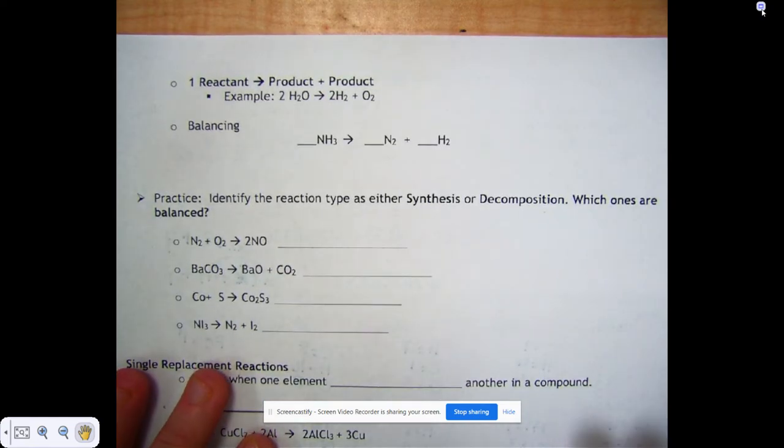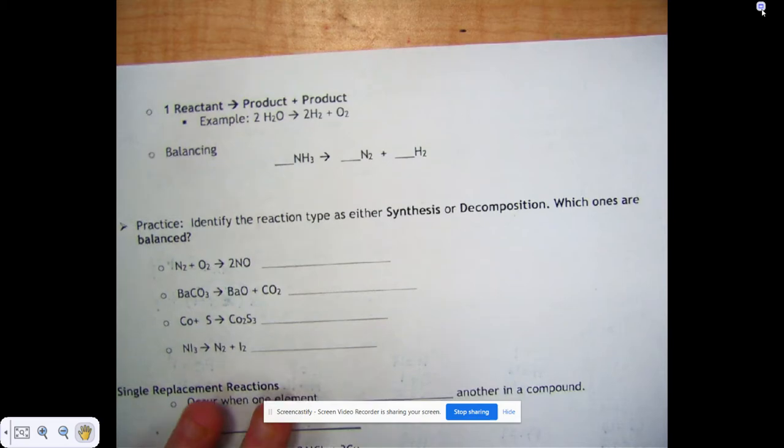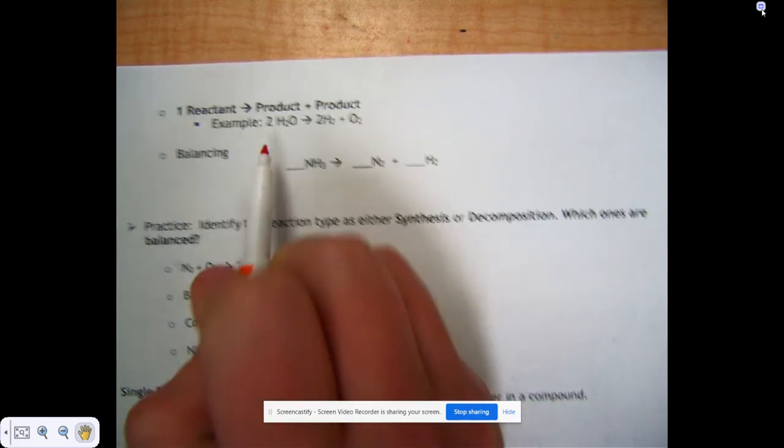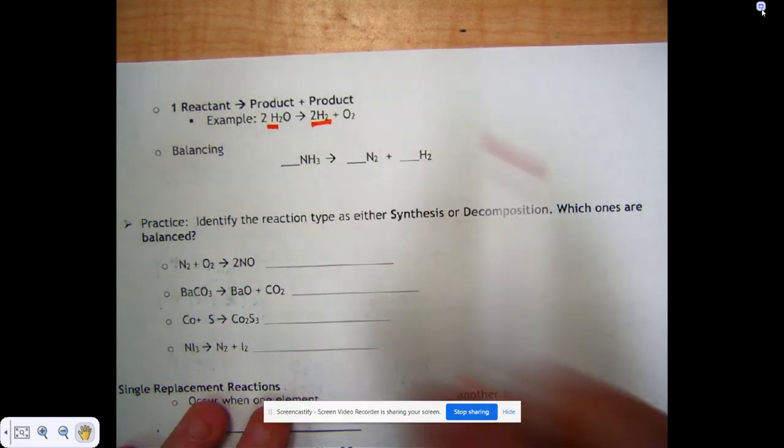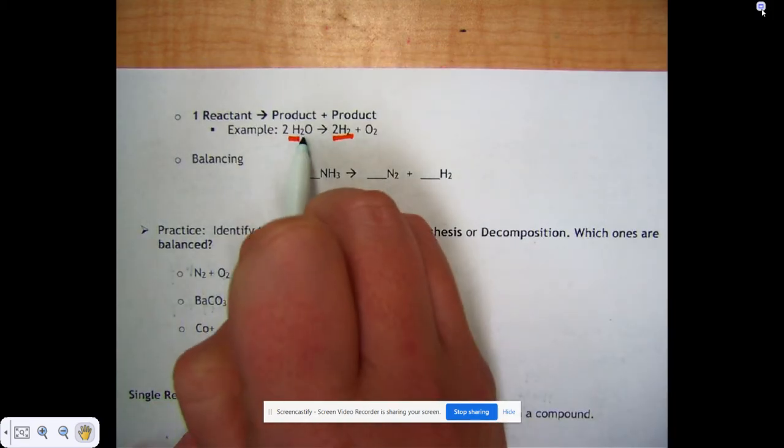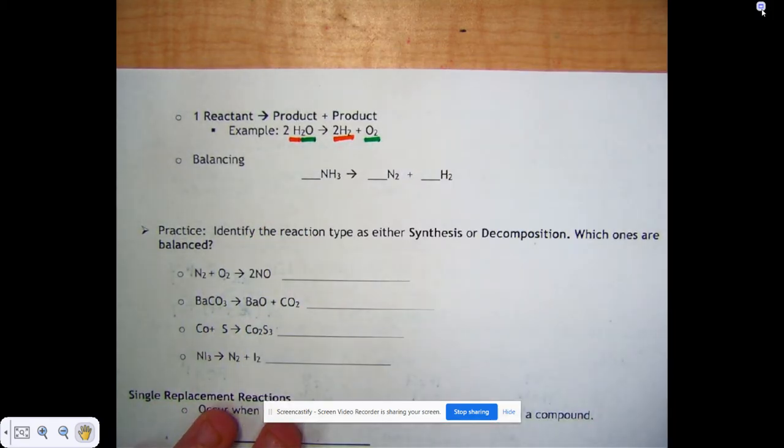Okay, and so I have the same type of equation, right? Let's see what color we made our hydrogen before. We're going to stick with the same color scheme. My hydrogens, anywhere you see a hydrogen, is going to be orange. Anywhere you see an oxygen, it's going to be green.